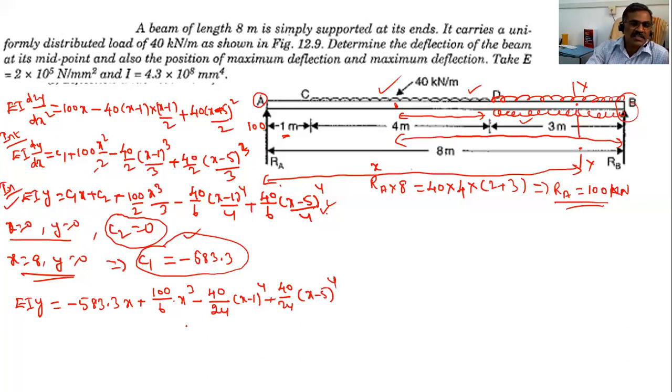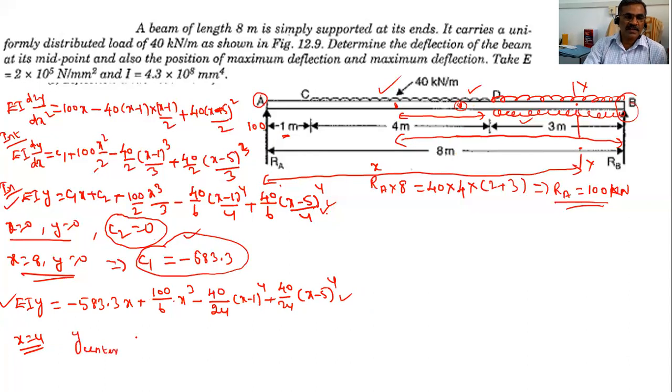So this is the general equation of deflection. Now we have to calculate the deflection at center. Center means what is the value of x? x is equal to 4. If you substitute x is equal to 4 in this equation, you can find the value of deflection at center, that is y center.